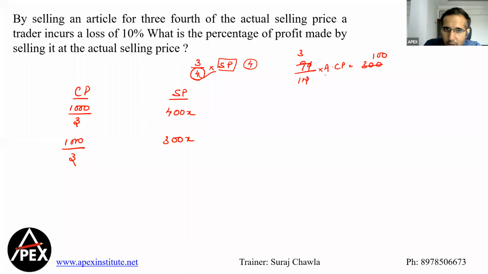So I take the number as a multiple of the denominator, and since I'm applying percentage, instead of 4 take a multiple of 100. So therefore, I'm talking about 400, and since we do not know this, it's 400x. Now 300x is the 3/4 of it, and I'm making a loss of 10%. If I'm making a loss of 10%, the multiplying factor is 90 by 100.